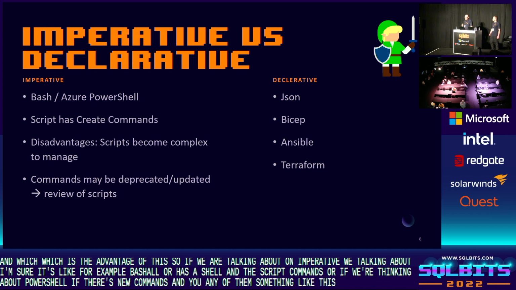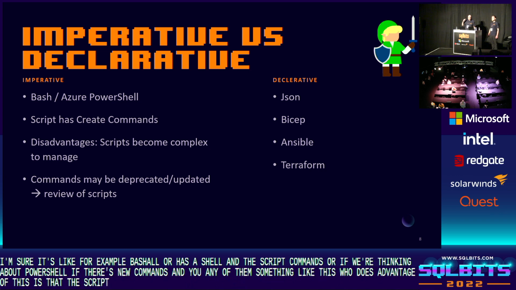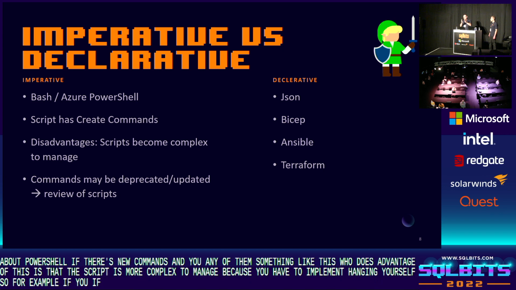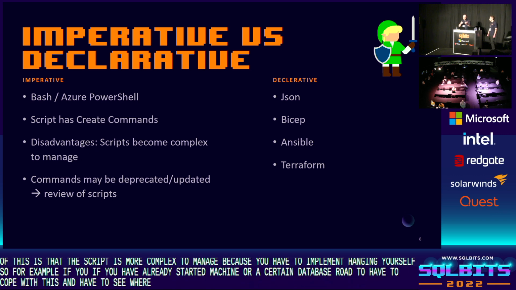The disadvantage is that the script is more complex to manage, because you have to implement error handling yourself. For example, if a certain machine or database is already rolled out, you have to cope with this and see, well, if the machine is already there, don't create it again.